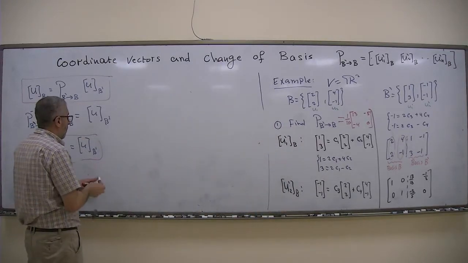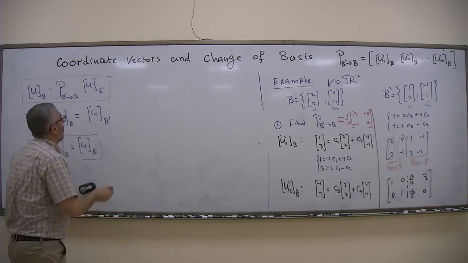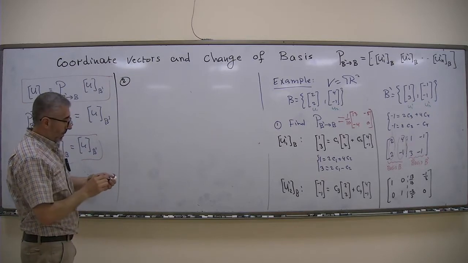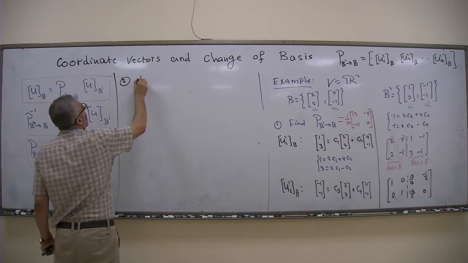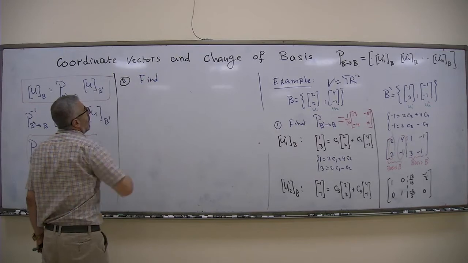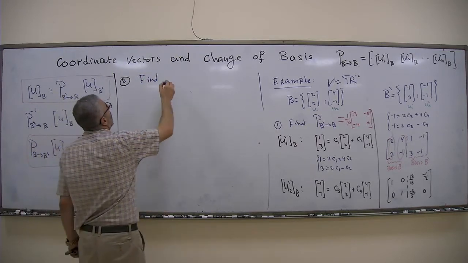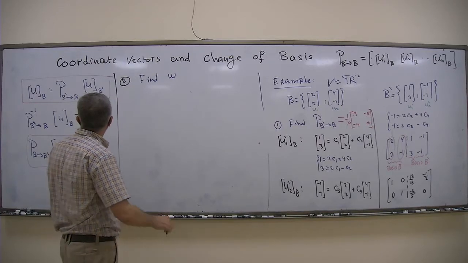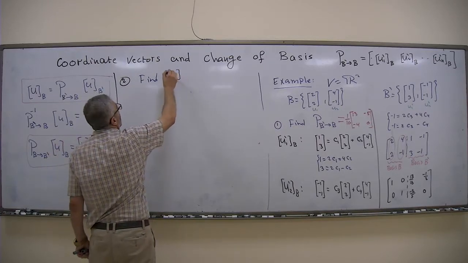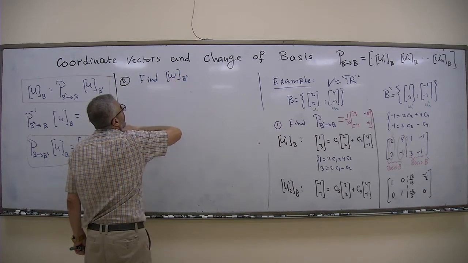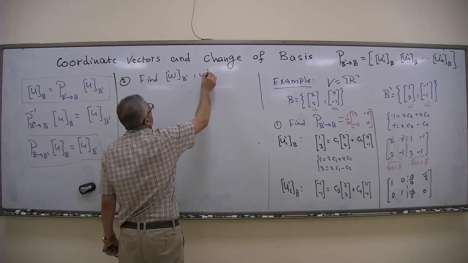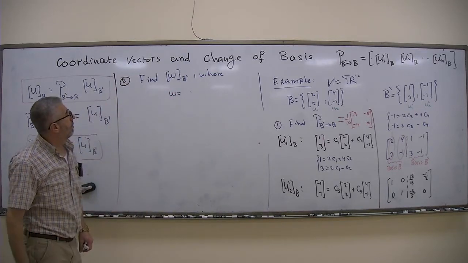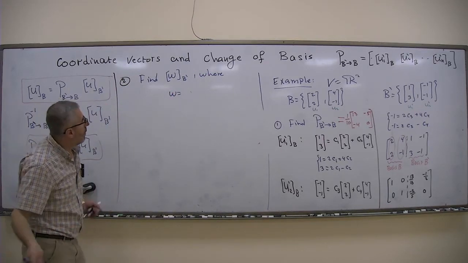Question number 2. Find the coordinate vector of W with respect to B prime, where W here is, okay, I'm just going to take any vector here.